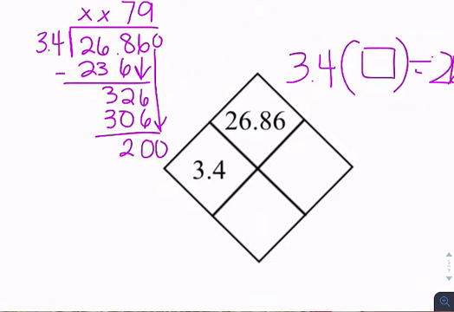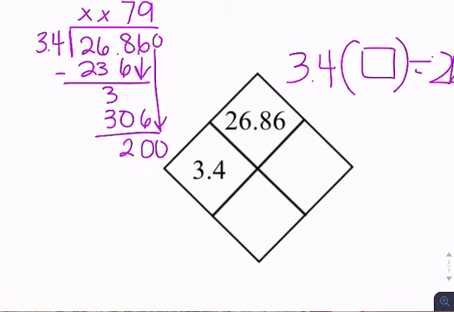So when I divide 268 divided by 34, I got 7. 7 times 34 is 238.